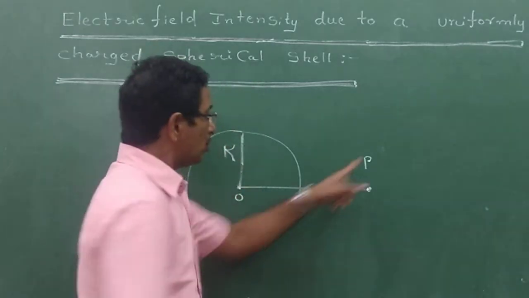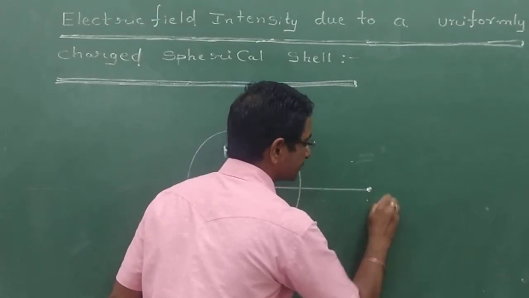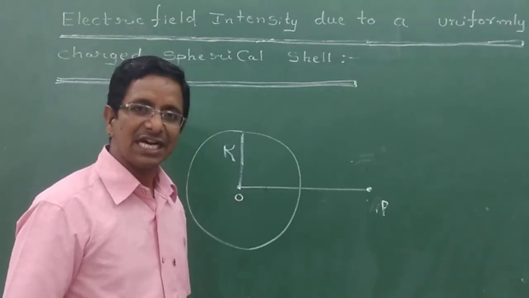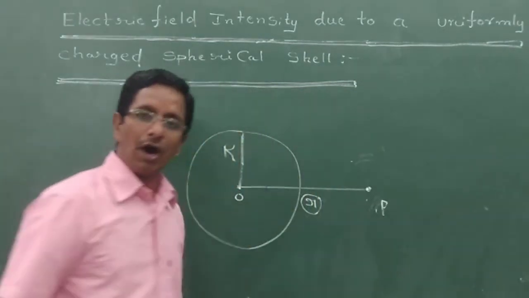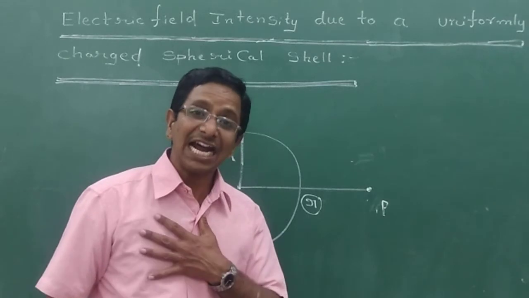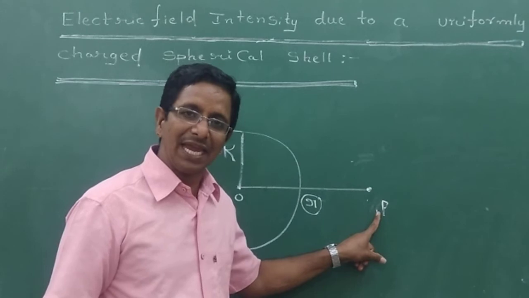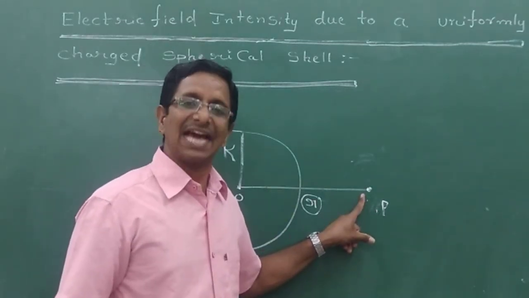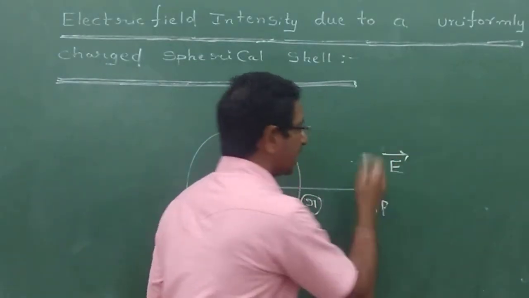From O to point P, the distance is small r. Now our aim is to find electric field intensity at a point P outside of the spherical shell. That means E at a point P.